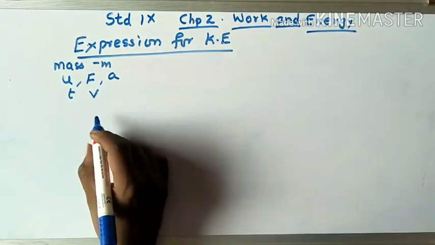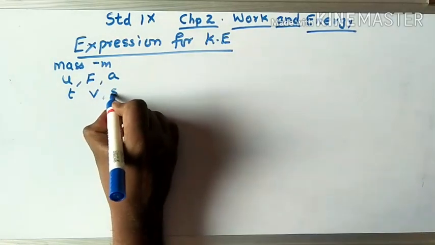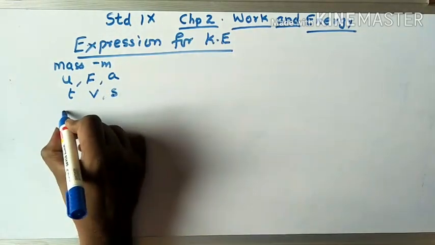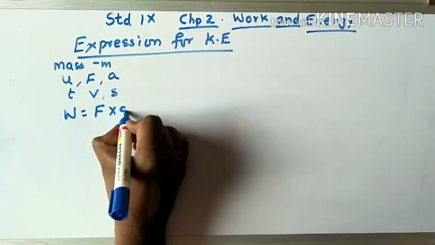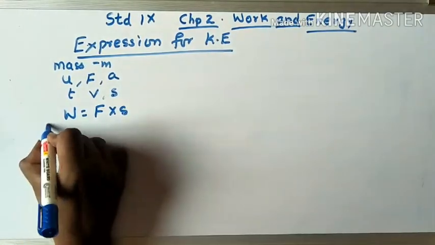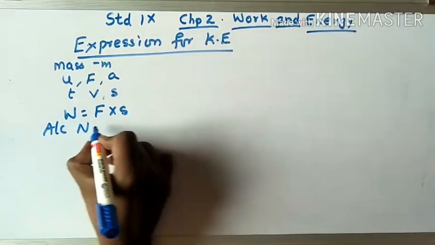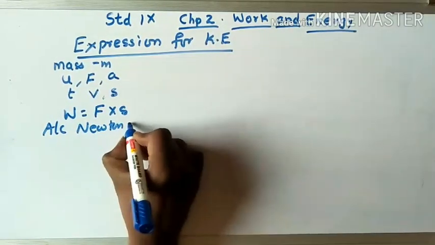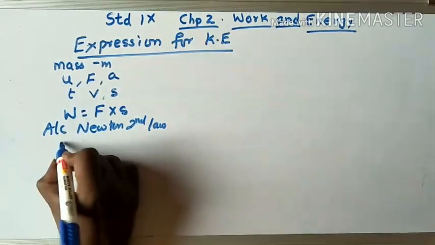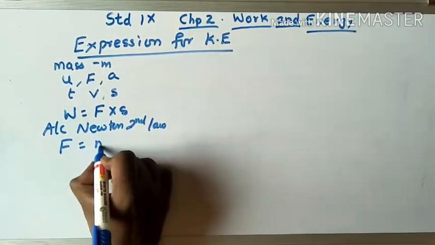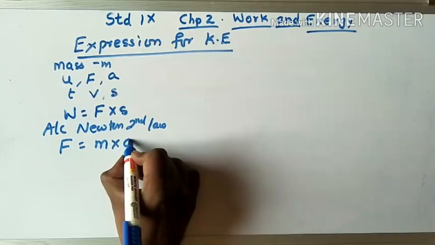So the displacement during this time is s. So work done by the object W is equal to force into displacement. Now according to Newton's second law, do you remember Newton's second law from the previous chapter? Force is equal to mass into acceleration.